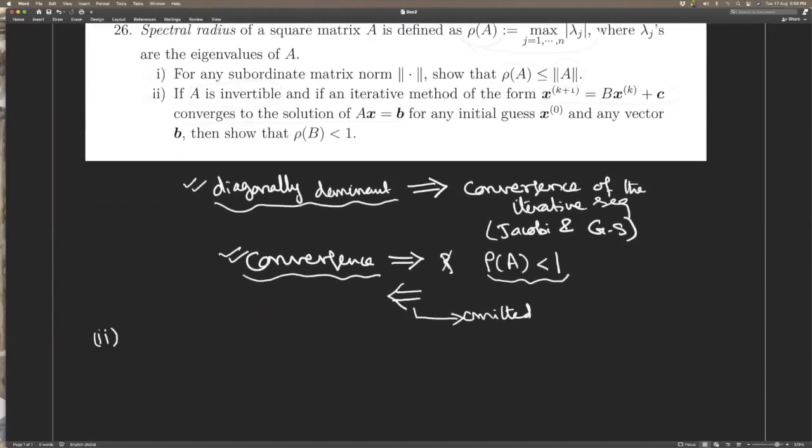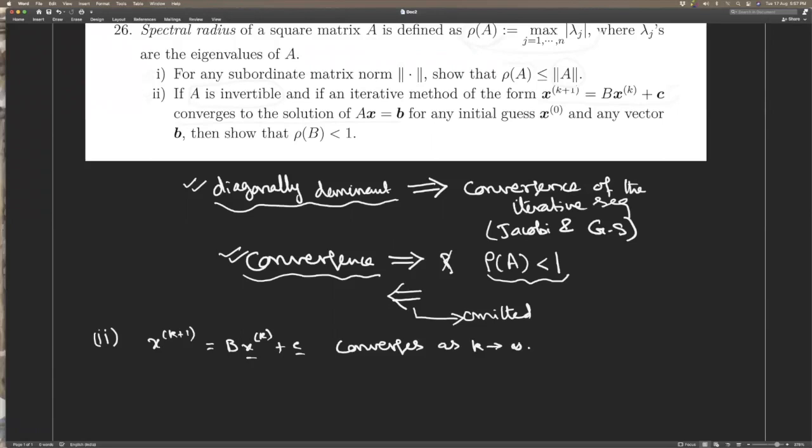Assume that the iterative sequence of the form x^(k+1) = B x^k + c converges as k tends to infinity.